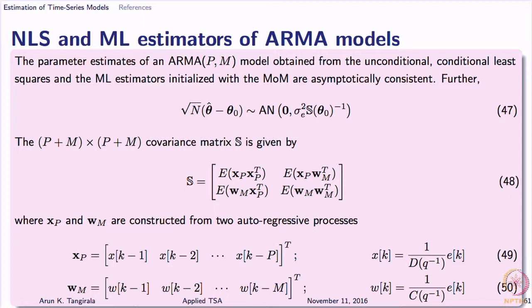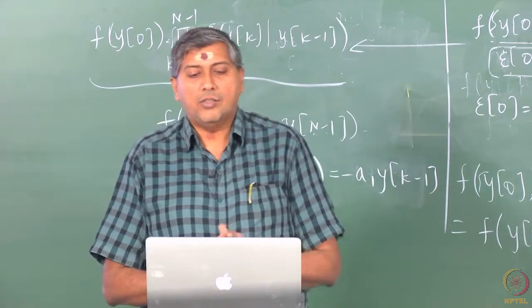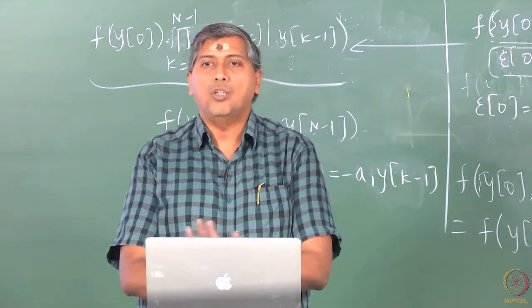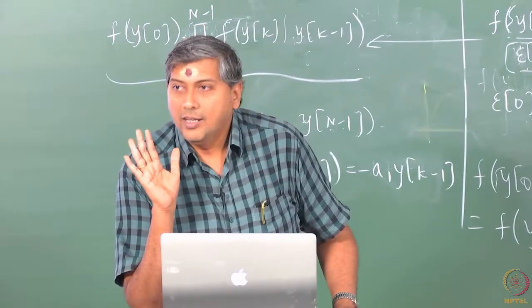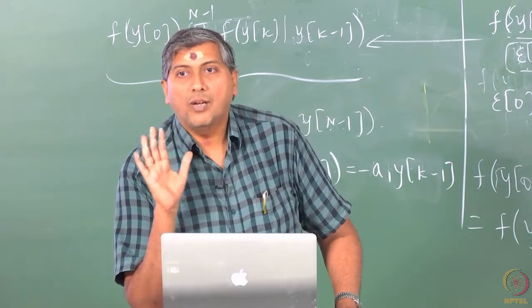Those initial guesses are generated by different algorithms, either the Yule-Walker method or the Hannan-Rissanen algorithm and so on. They seed either the MLE or the nonlinear least squares. But in all of this, if n is large, you will end up with the same kind of distribution and asymptotically a consistent estimate.